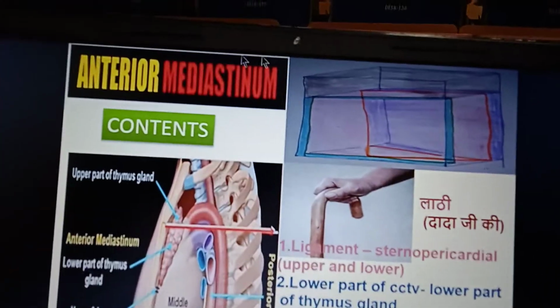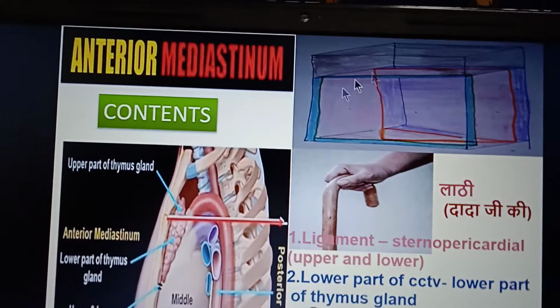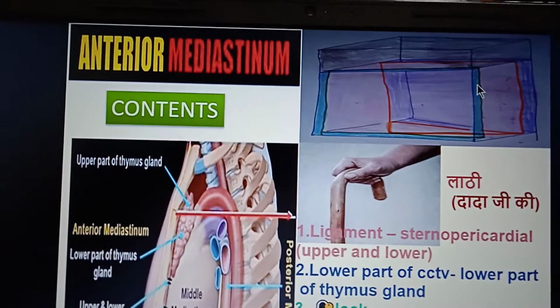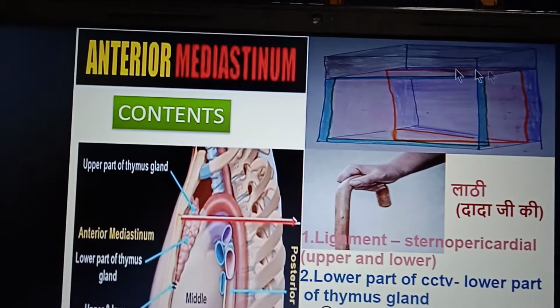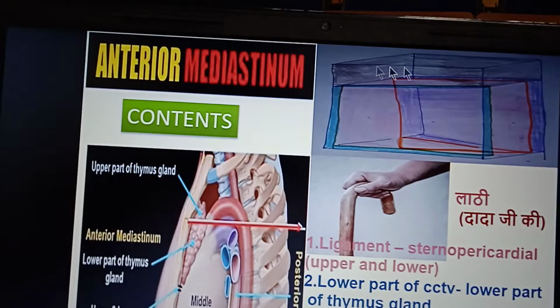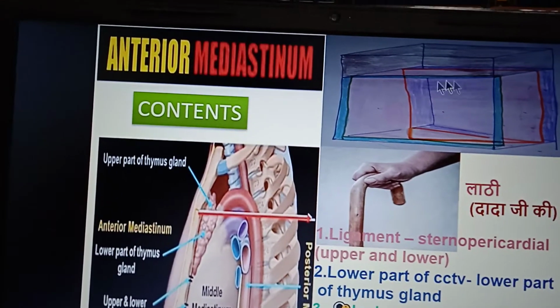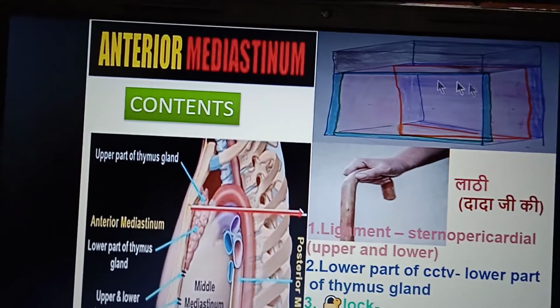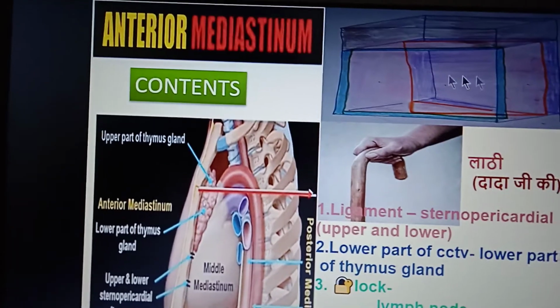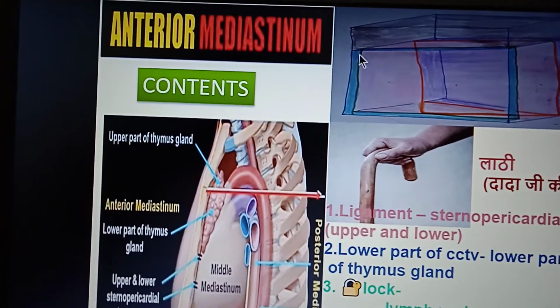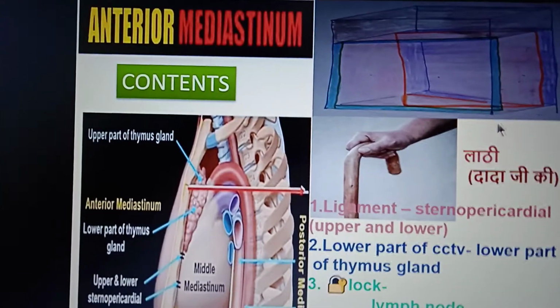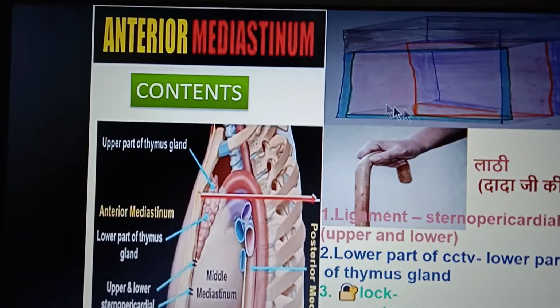Here you can see in this picture, this is a double-story building and we have discussed the top floor residents. Now we are discussing the ground floor inhabitants. This in dark blue color is the anterior mediastinum.